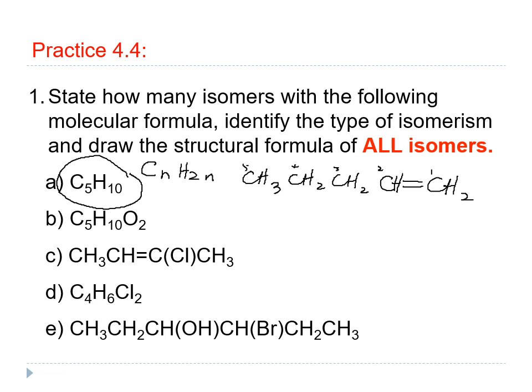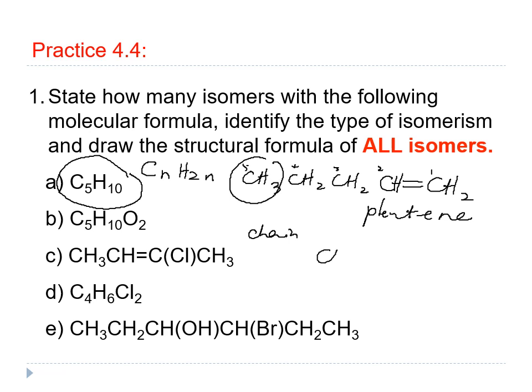This is pentene. We don't need to put pent-1-ene or 1-pentene if the double bond is at carbon number 1. Okay, what is the chain isomerism for pentene? Let's make a branch over here perhaps.